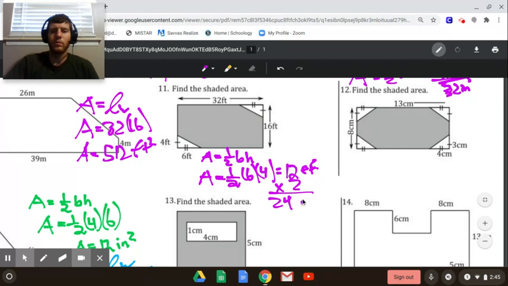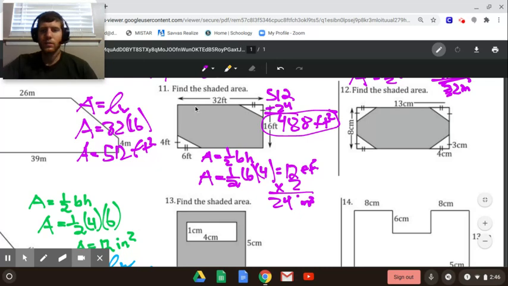That gives you 24 feet squared. So the area of the whole thing is 512. Subtract the unshaded part, so subtract 24, and we get 488 feet squared. That's your shaded part.